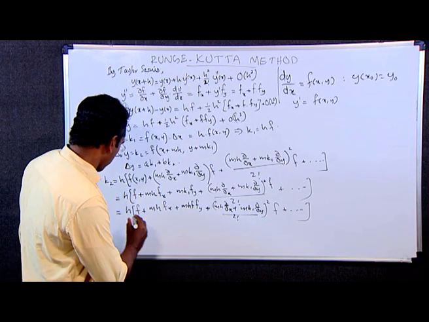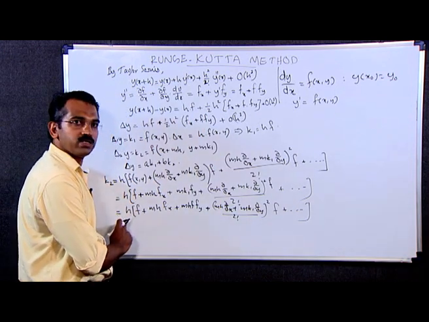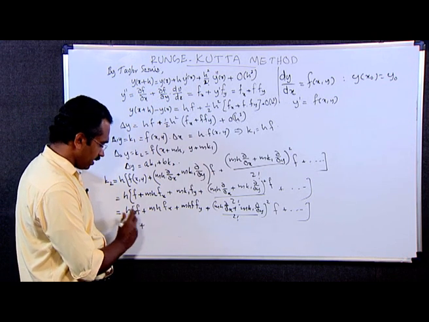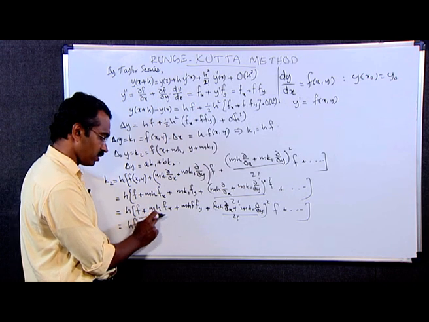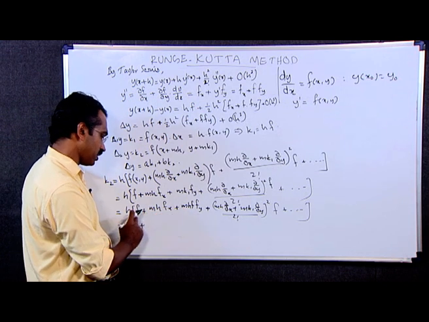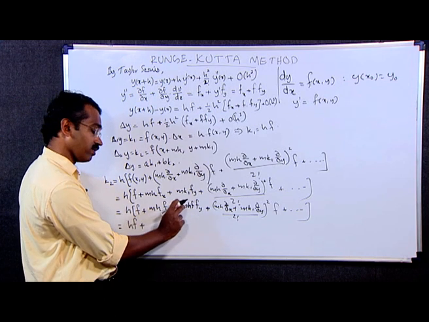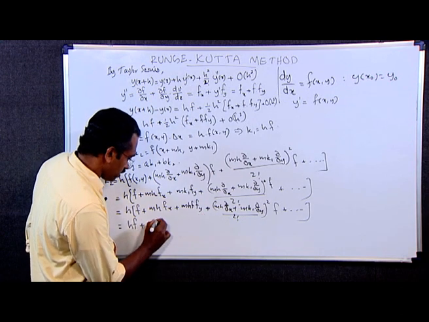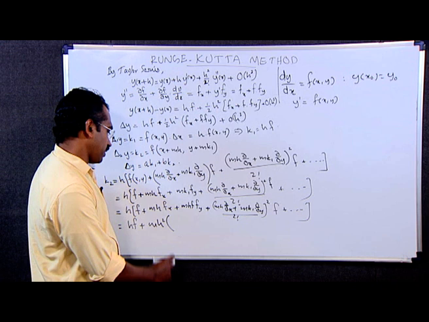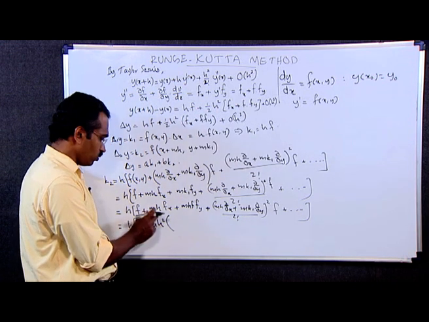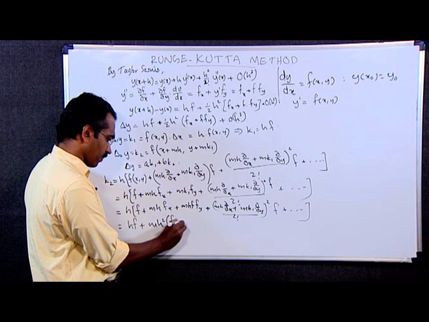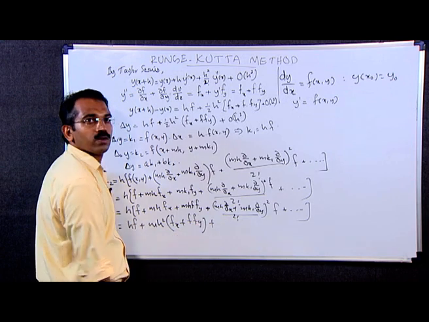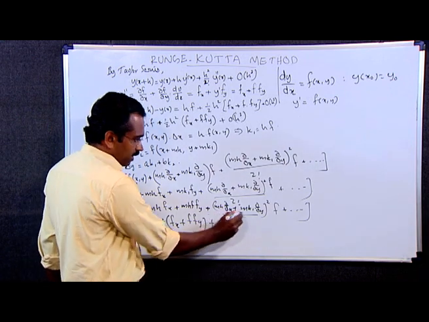Which is equal to, we can write this as h into f, that is hf, plus here h into mh is mh square into f_x, plus here also h into mh, that is m into h square f f_y. Therefore, mh square can be taken as common factor, this into f_x plus f into f_y, plus higher powers of h.